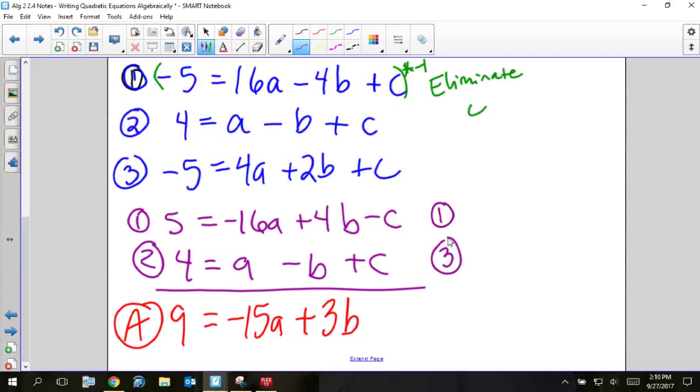So I'll still eliminate C. Remember, you have to eliminate the same variable twice. And of course I wrote big on the first one, so now I'm out of space.